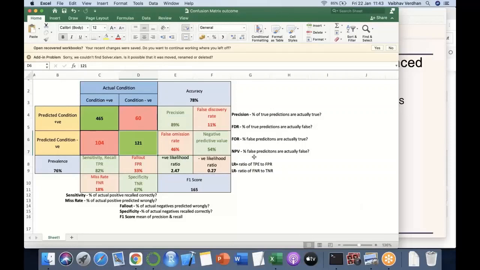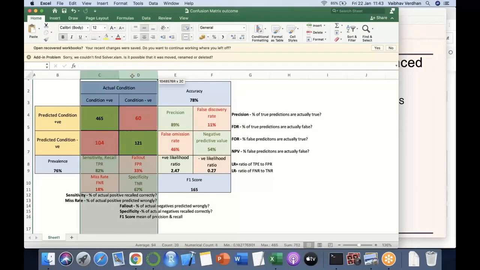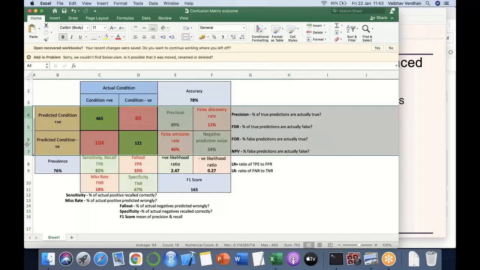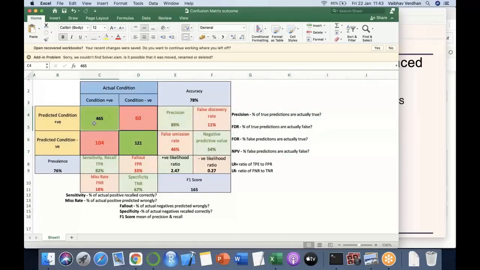Like you can see over here, we have the actual condition and the predicted condition. The ones in green show that the actual tag was that the transaction is fraud, and the algorithm predicted the transaction is fraud. Good, that is a correct classification.